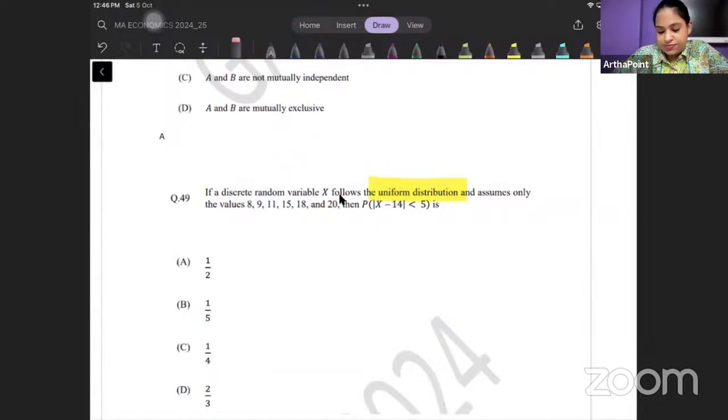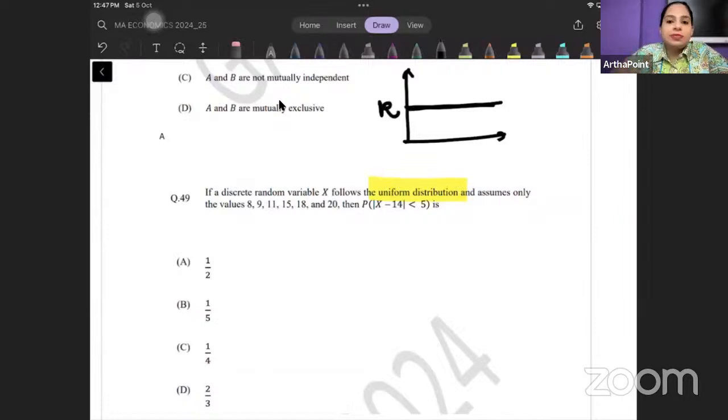Anyone? Random guess, अगर ये exam में आए, what do you think? What will it mean? Absolutely, equal probability. उससे ज्यादा मैं कुछ मान ही नहीं सकती हूँ. Uniform means equal. Uniform distribution in continuous variable meant that each one of them had the same constant probability k, which we had found as 1 upon b minus a. यही तो निकाला था.